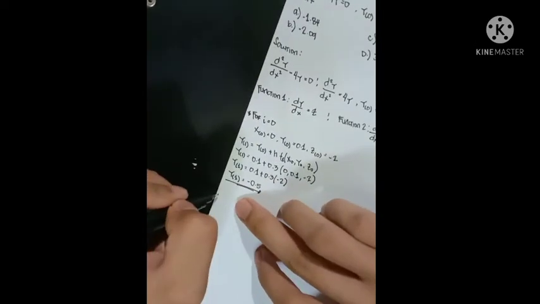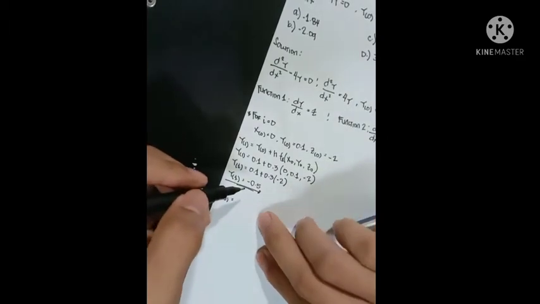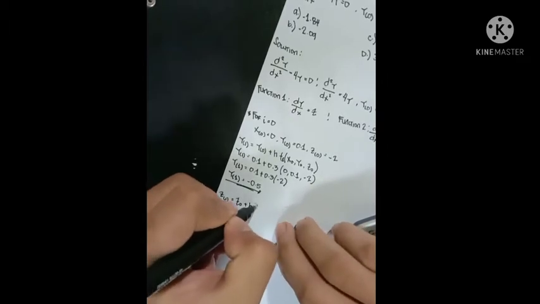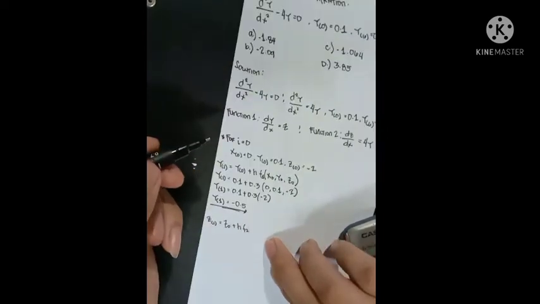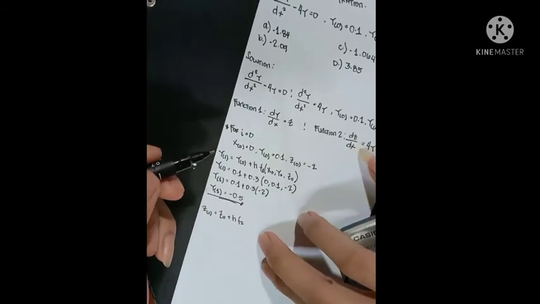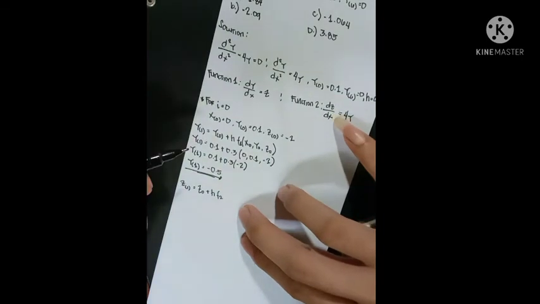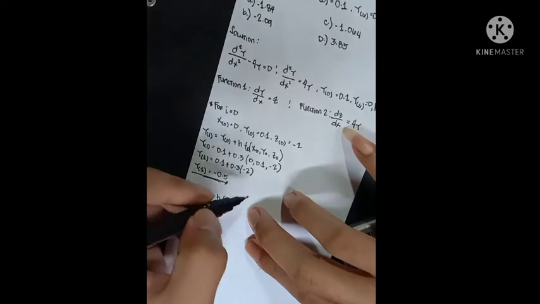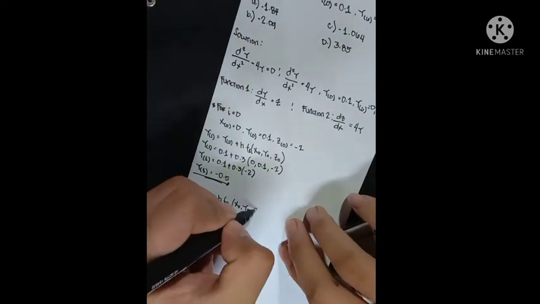Next is for the z1. For z1 we have z0 plus h times the function 2 of x0, y0, and z0.